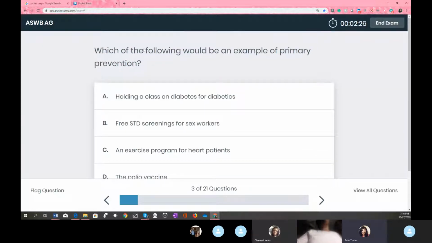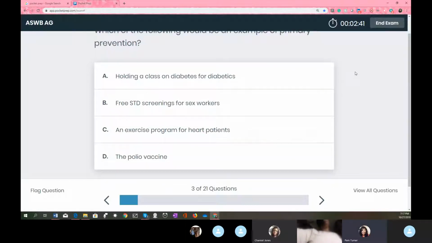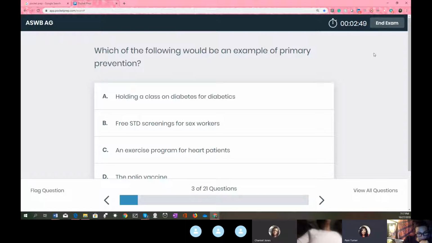Again, which of the following would be an example of primary prevention? And that last one says polio, the polio vaccine. Come on, be brave. I don't bite. I really don't.